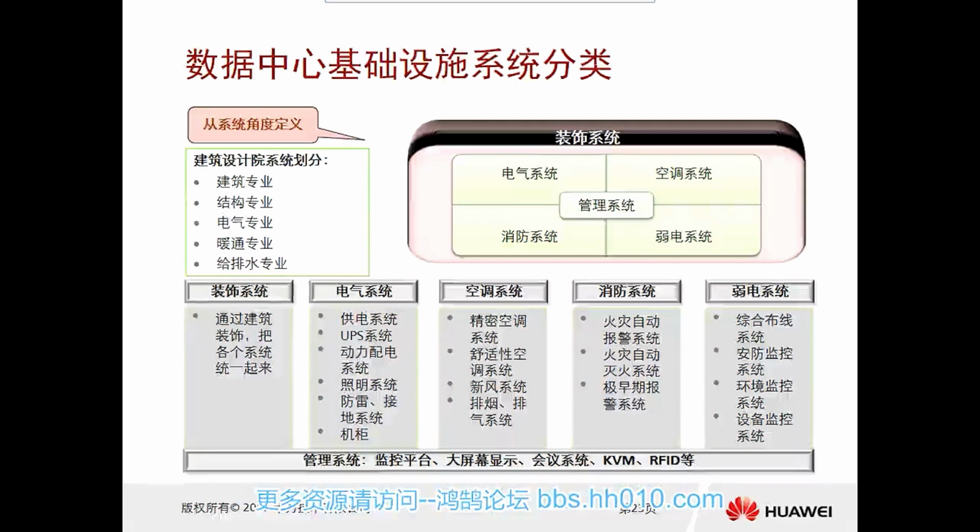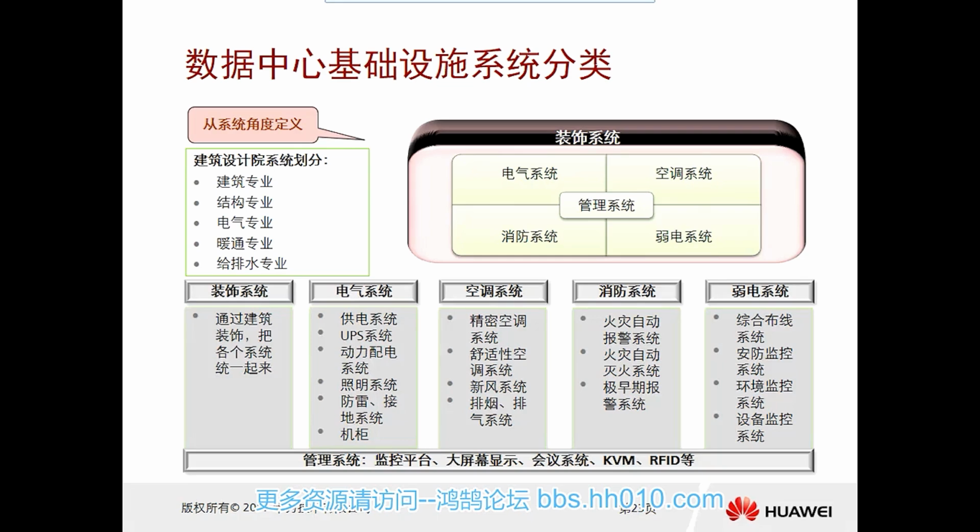Now let's introduce what products are included in each system. For instance, the decoration system: what does it mainly include? Including some decorations of the ceiling, floor, and walls.